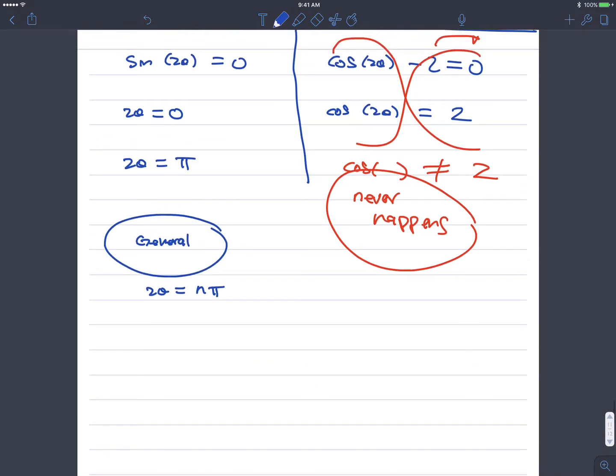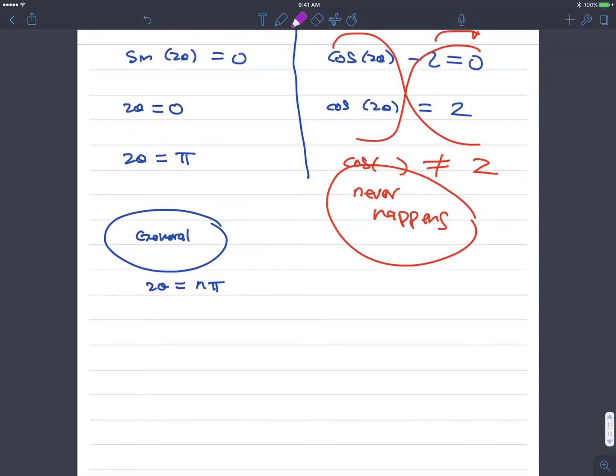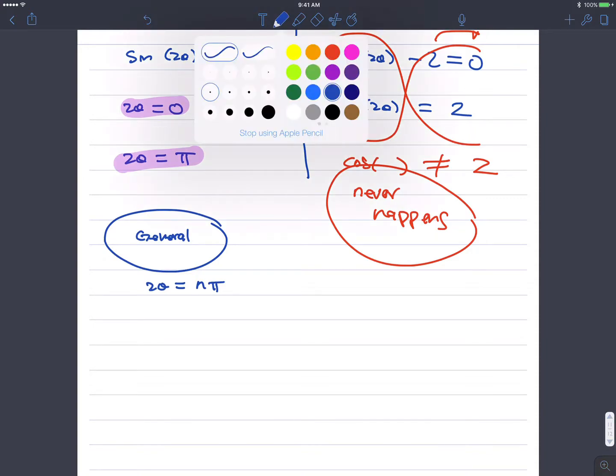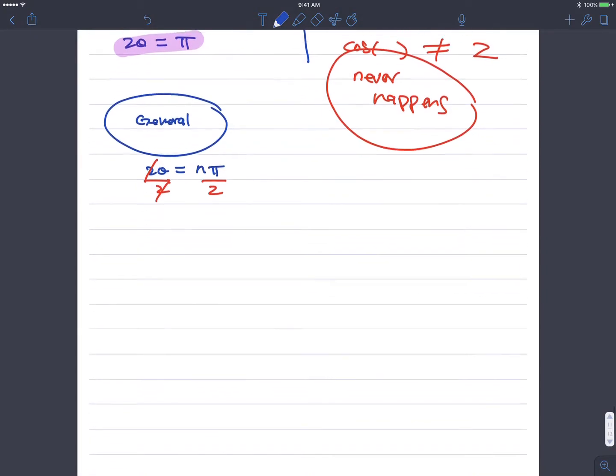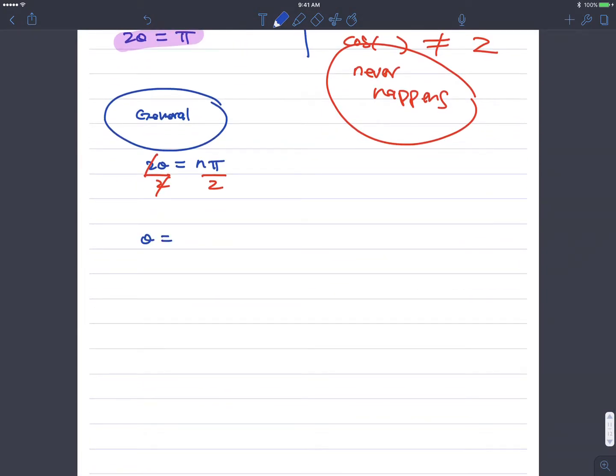So go back to the last example and put this idea together. 2 theta is 0, 2 theta is pi. Generally speaking, 2 theta is really an integer multiple of pi, n pi. Now, that's just 2 theta. Divide both sides now by what? By 2. And then your theta is going to be n pi over 2 in general.